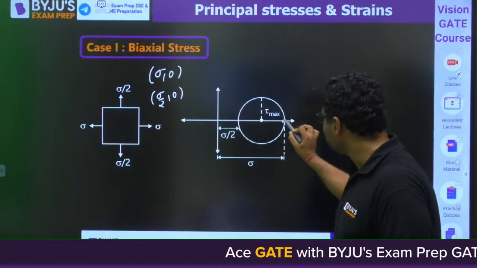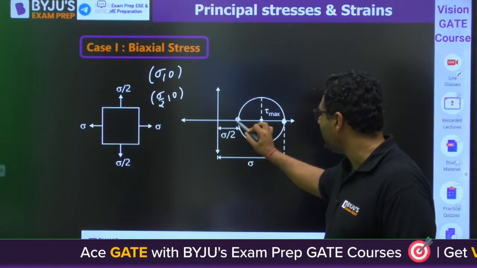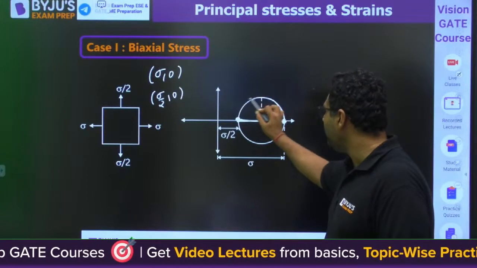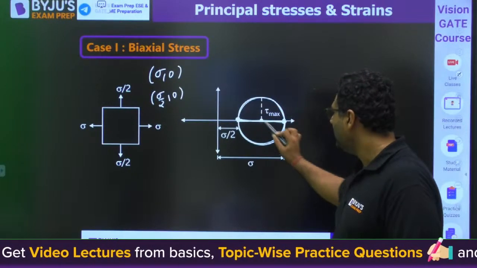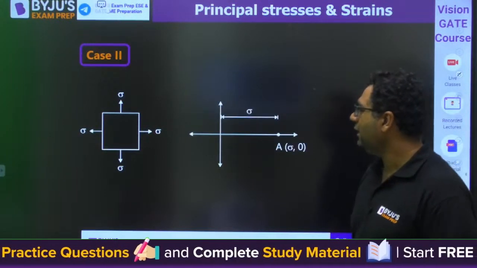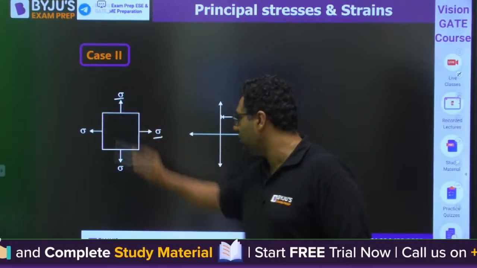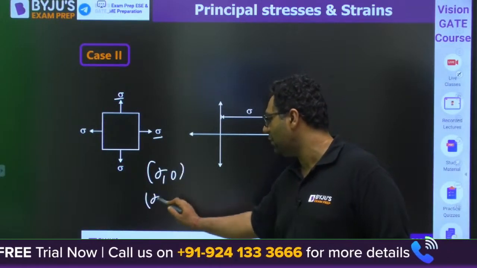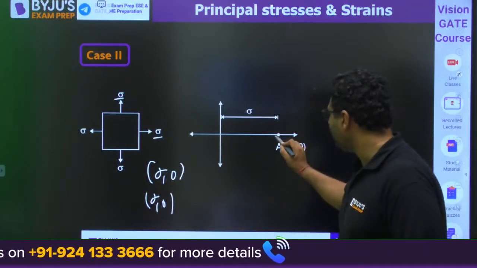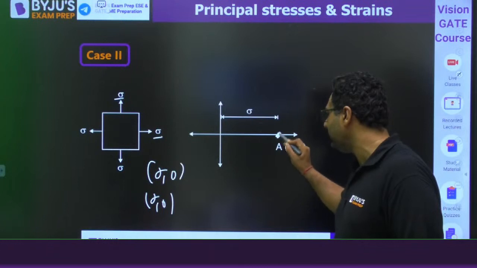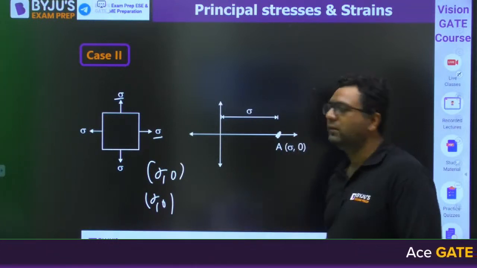So this point will be sigma comma 0. This point will be sigma by 2 comma 0. You will join them, take AB as diameter, plot the circle, and this will be the center of the Mohr circle. Similarly, if you have this as sigma, this as sigma, X face will be sigma comma 0, Y face will be sigma comma 0. So you will plot A and B both here, C will be the center here, taking AB as diameter, the circle will be a point.